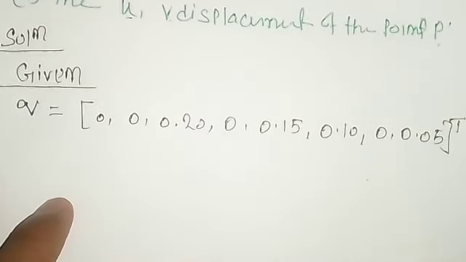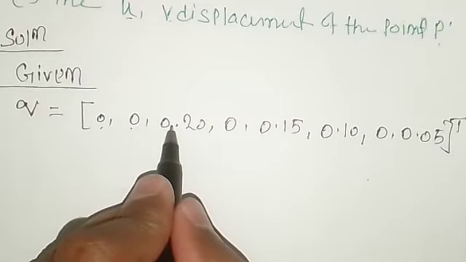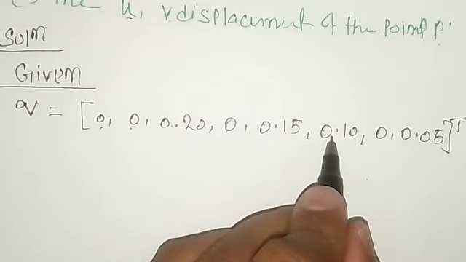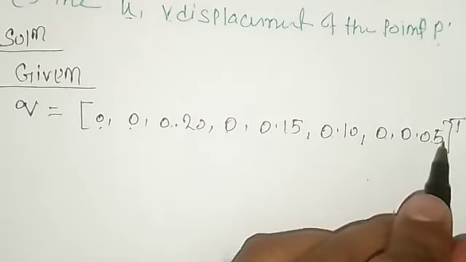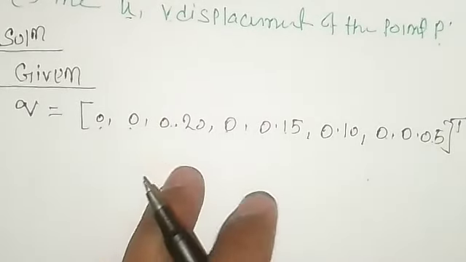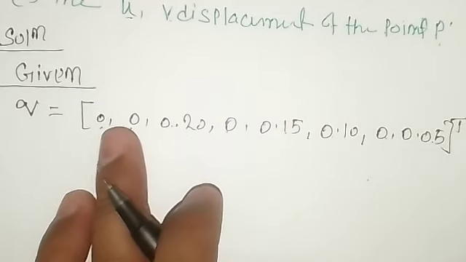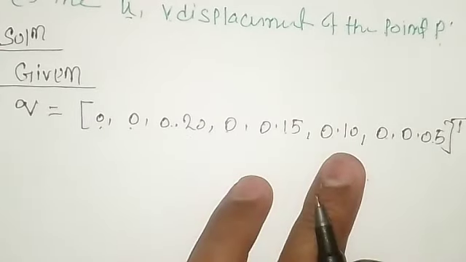So these are the nodal displacements given, that is u1, v1, u2, v2, u3, v3, u4, v4. 4 nodes, and at each node we have 2 degrees of freedom, meaning 2 nodal displacements at each node, so 8 nodal displacements in total, right?